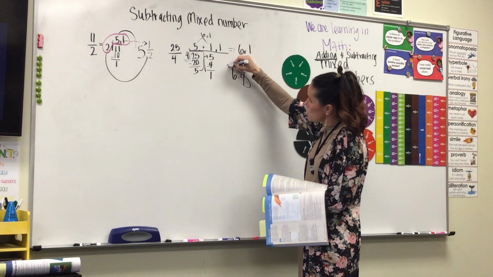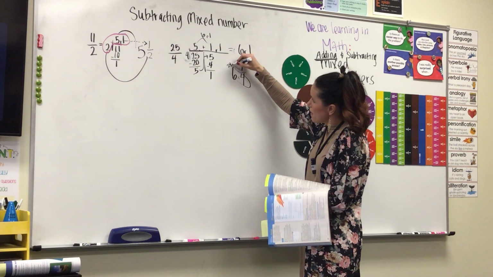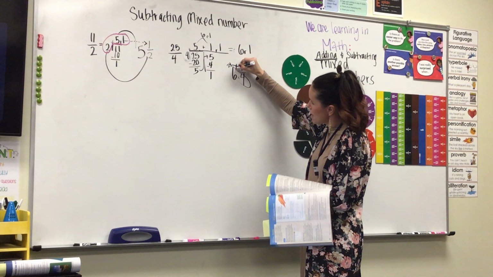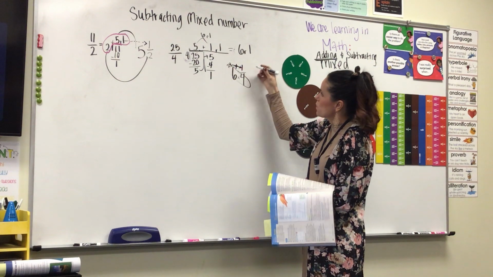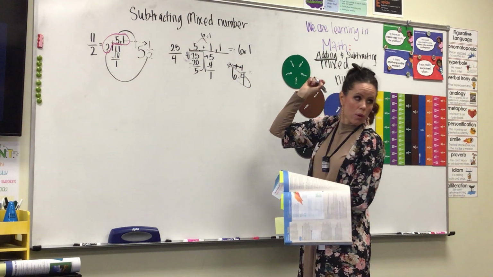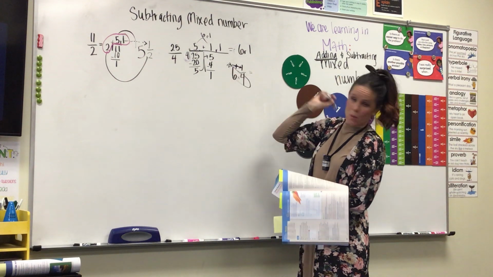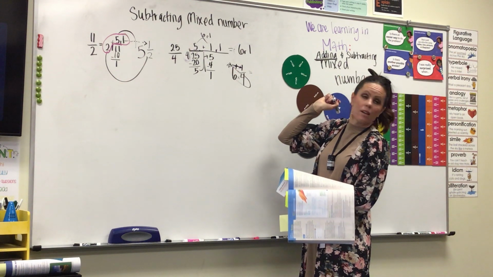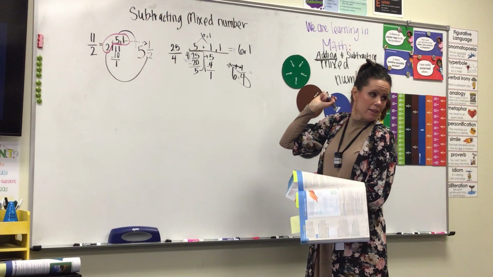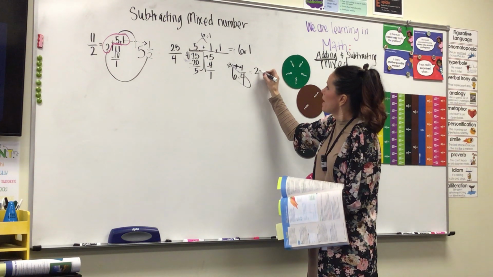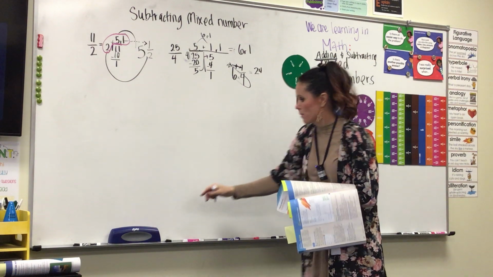And I put a little 24 right here, and then I draw an arrow, and I make it into a plus sign. 4 plus 1 is equal to what, Daxton? 5. 24 plus 1? 25. I wrote the wrong thing.